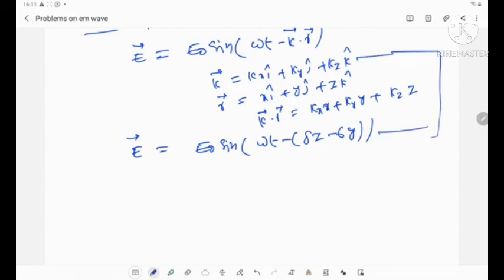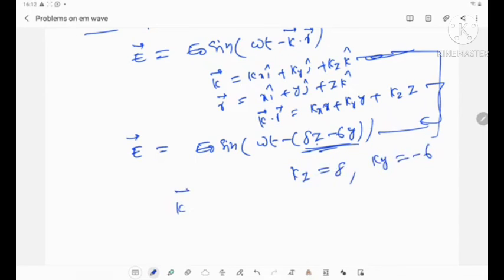omega t minus k bar dot r bar, this becomes k bar dot r bar. Not this one, these two equations, kx into x, ky into y plus kz into z. Here z component is 8, therefore kz is equal to 8. Y component ky is equal to minus 6.